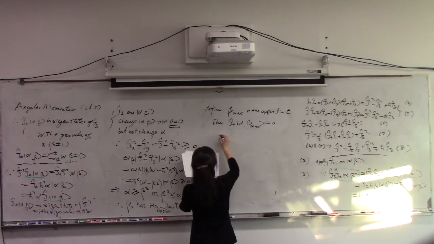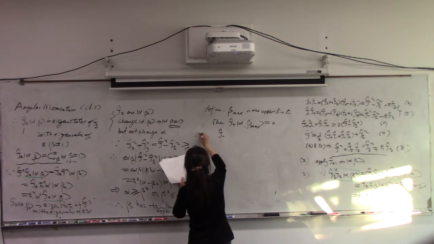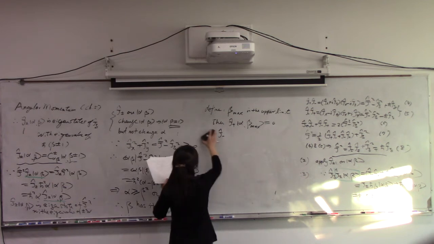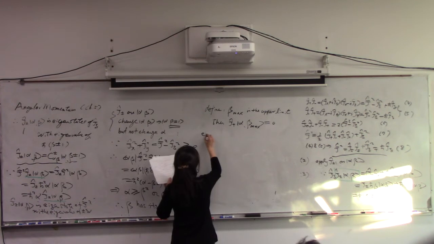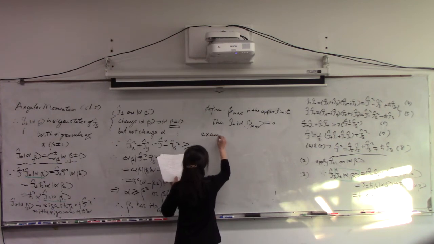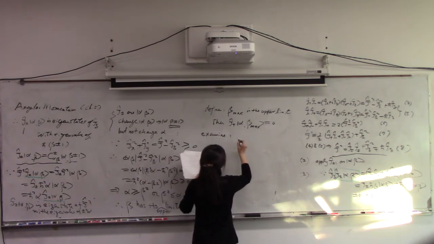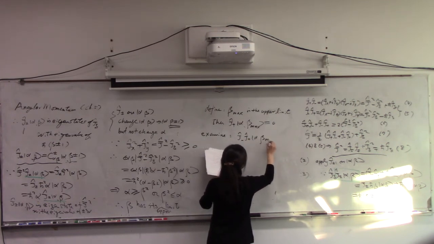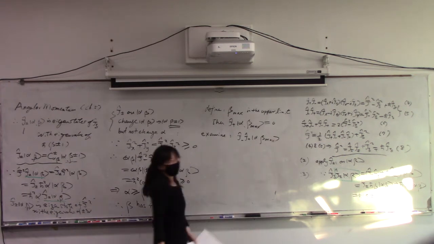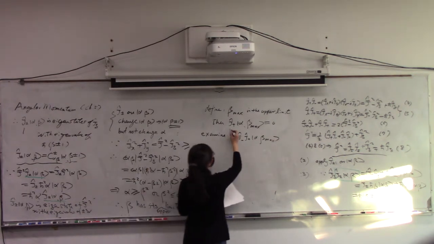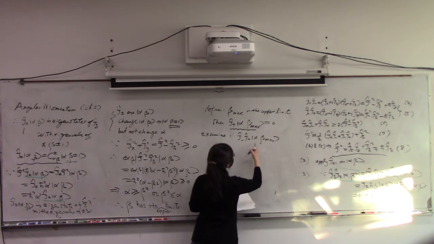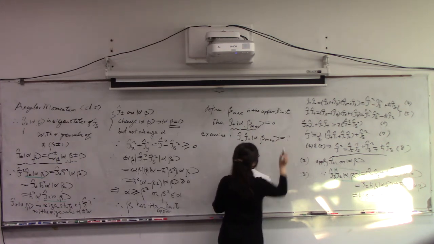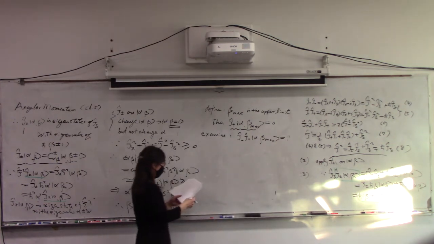Then now, let's use this one. Let's examine J minus J plus. Let's look at this term. Because we know J plus applied to this state gives 0, now we are going to see what this is equal to.